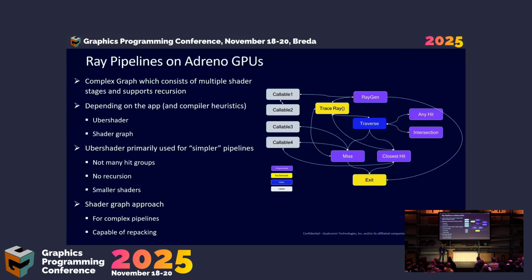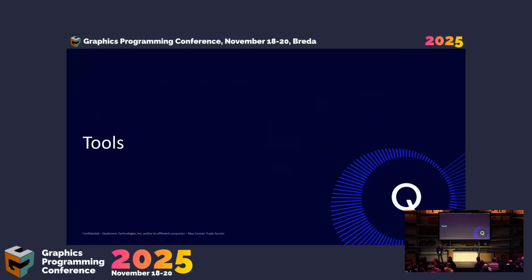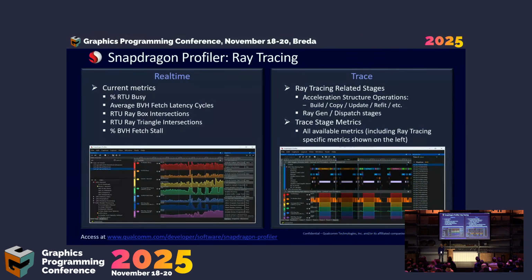All right, and then I am on tools now, so we're going hopefully pretty quickly. We have a Snapdragon profiler. It's our general profiler that runs on various different platforms and connects directly to your Snapdragon powered devices. It has a bunch of different capabilities. I will just be focusing on the ray tracing features that it offers. It has different views.